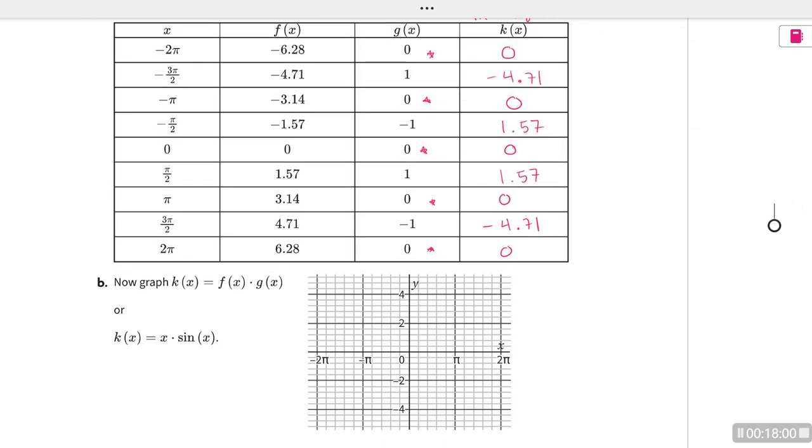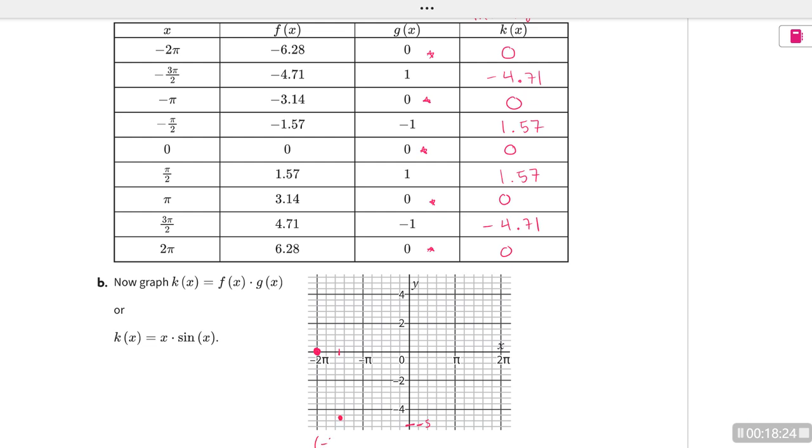We start with negative 2 pi, 0, right there. And then we had negative 3 pi over 2 and negative 4.71. So negative 5 is about here, right? So let's say somewhere around there.